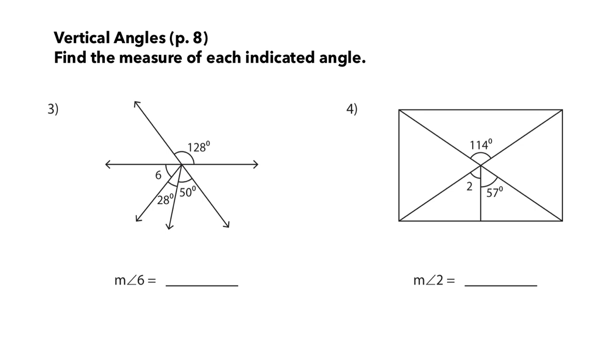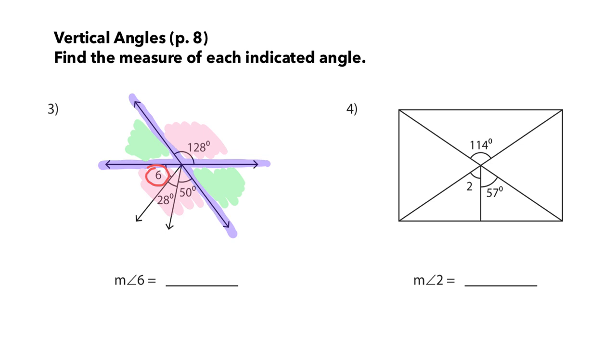We're finding our intersecting lines. There are our intersecting lines. Guys, we have a pair of vertical angles marked green, a pair of vertical angles marked pink, and we are trying to figure out what angle 6 is.